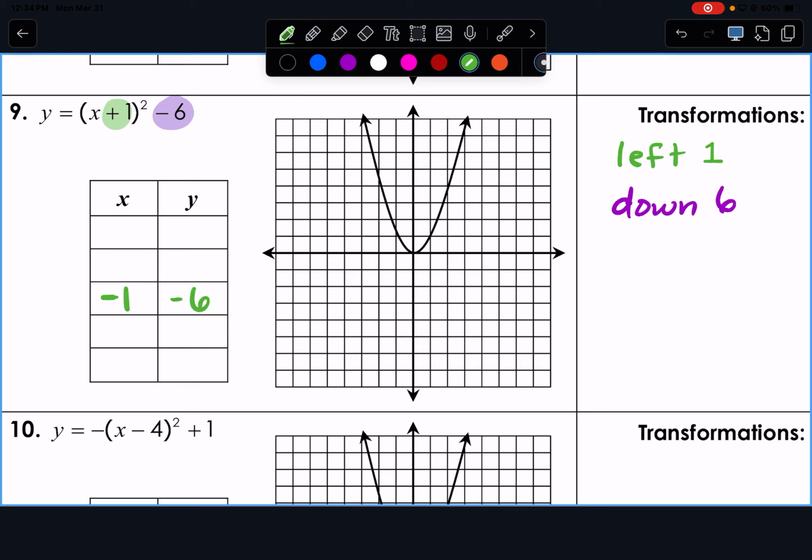Now use the table to do the rest of it. And then once you get the table from your calculator, graph it.